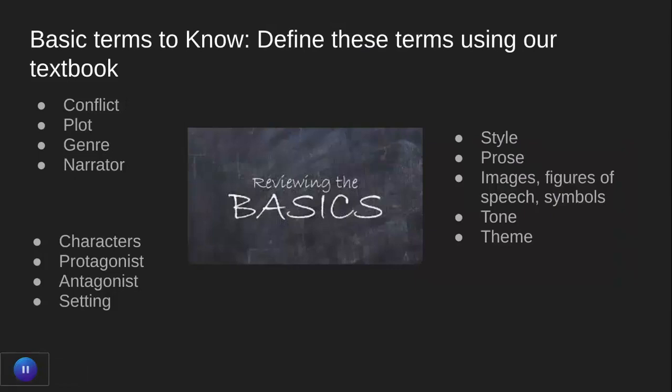We want to look at and understand things like conflict, plot, genre, a narrator, characters such as the protagonist and antagonist, setting, and then also things like style, prose, images, figures of speech and symbols, things like tone and theme. We want to become familiar with all of these different terms so that we're ready to start using those terms to talk about what we've read.